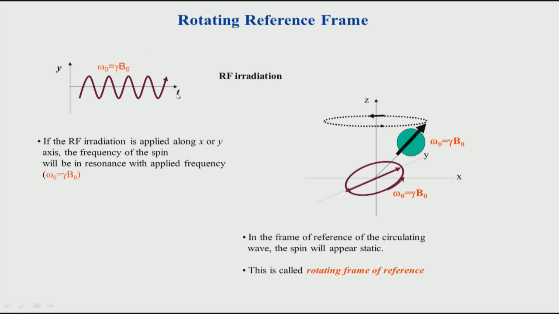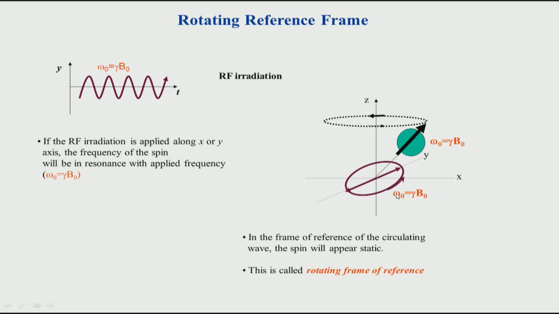Remember, we showed an example where we should look at the equivalence between this wave and this wave. We saw that they are actually equivalent. So, you can imagine that this radiation is the same radiation shown here. It is rotating with the angular frequency, which is the frequency of the wave, omega 0 equal to gamma nu 0, and at the same time our spin is also precessing around the magnetic field.